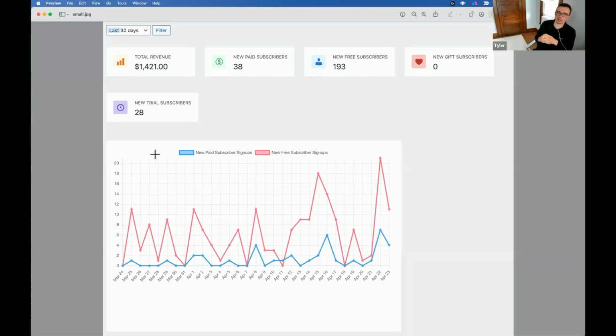I don't know how many of these off the street sign up for free and get access to content are then turning around and paying. I suspect it's not that many. I suspect these peaks and valleys are because of the stories, obviously, that people see value in. But a lot of these paid subscribers are deep into this funnel and just about to convert.